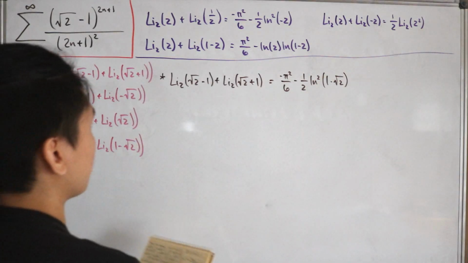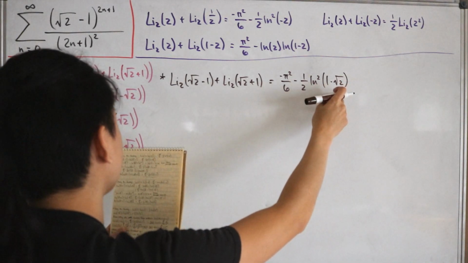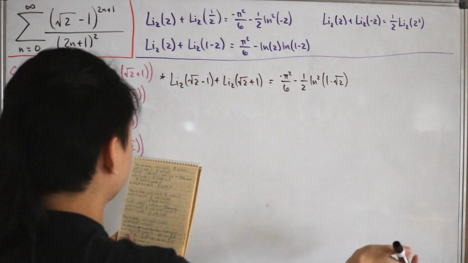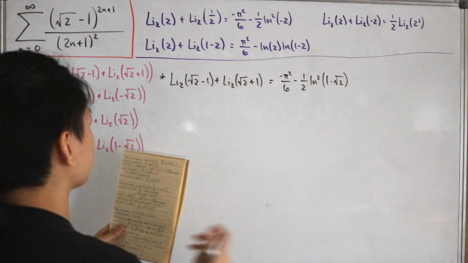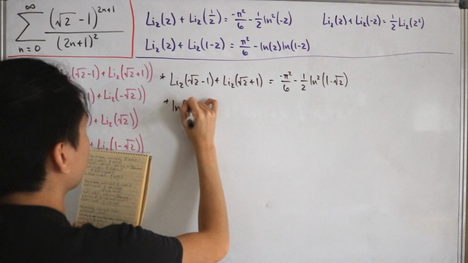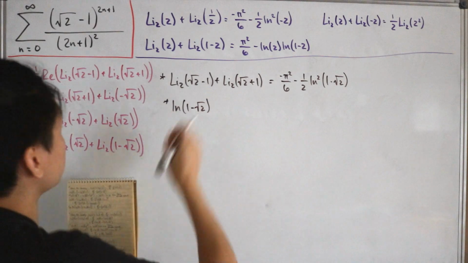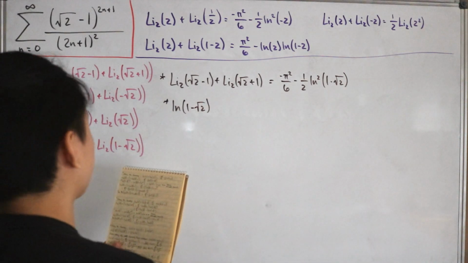Okay, so now to continue forward, we have the ln of a negative number, which is not allowed, but we can fix that by using the principal branch. So I have the natural log of 1 minus the square root of 2. I can factor out that negative, so that'll switch the sign to the square root of 2 minus 1, which is indeed a positive number.